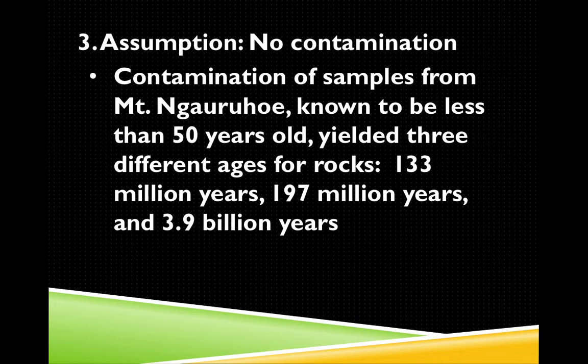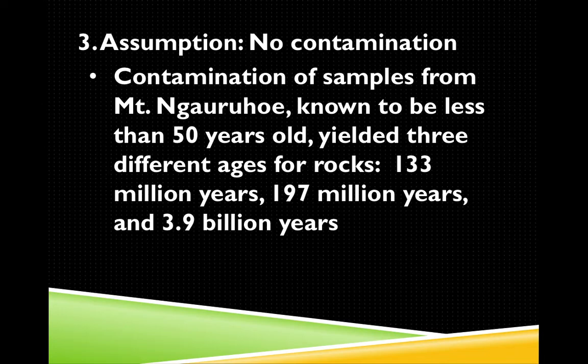So on this mountain in New Zealand, with lava that was known to be less than 50 years old, they went and collected rocks from 3 different locations. And in those locations, there was evidence that there had been some contamination. So those rocks were taken to a laboratory.